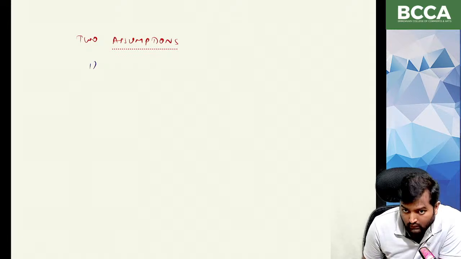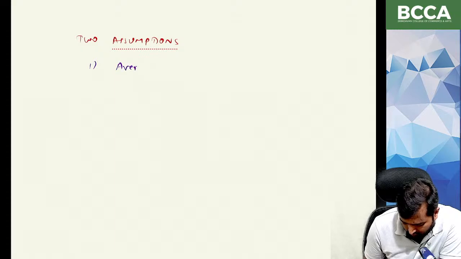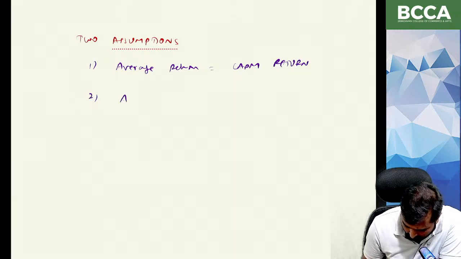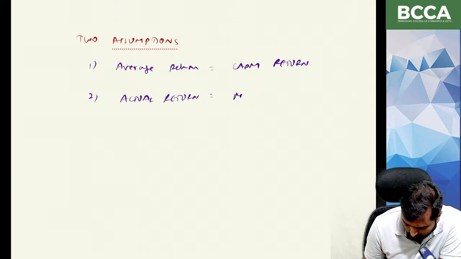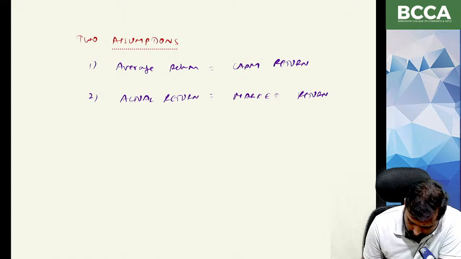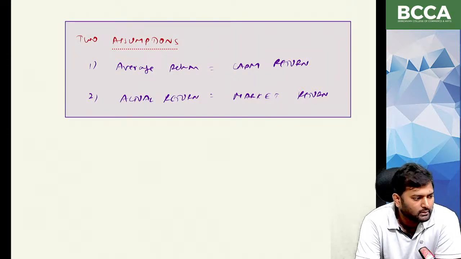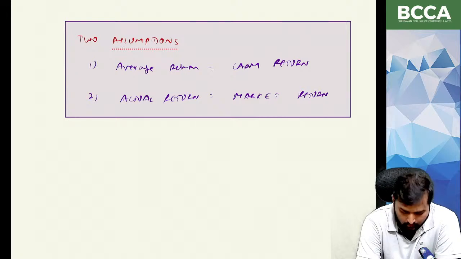First one, the average return is assumed to be the CAPM return, and the actual return we calculated is assumed to be the market return. These two are the special points. Just be careful. This question is a normal question.